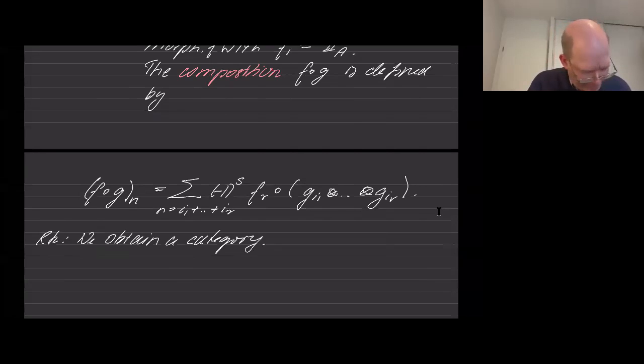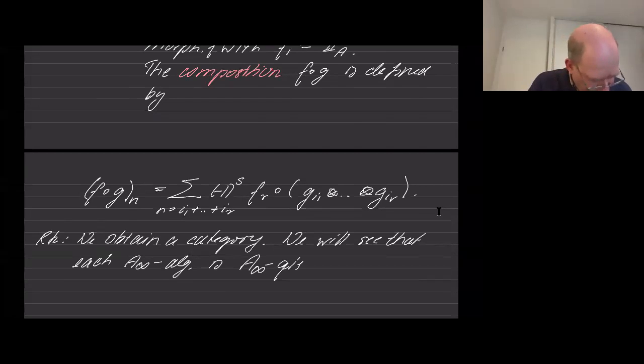We obtain a category, and we will see that in this category, a nice category with a distinguished class of morphisms, namely the quasi-isomorphisms, each A infinity algebra is A infinity quasi-isomorphic to a DG algebra.